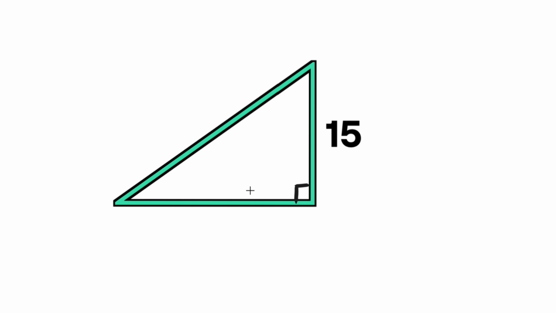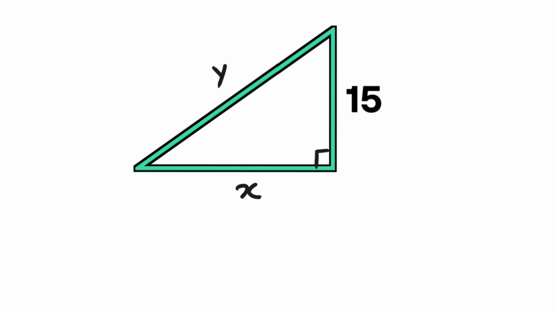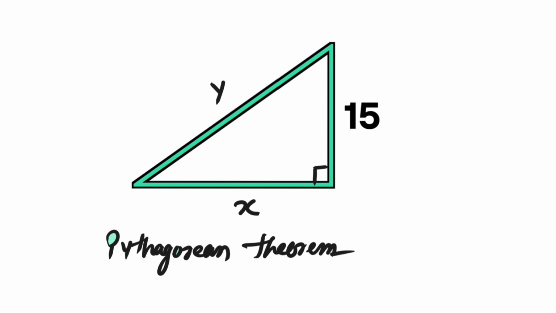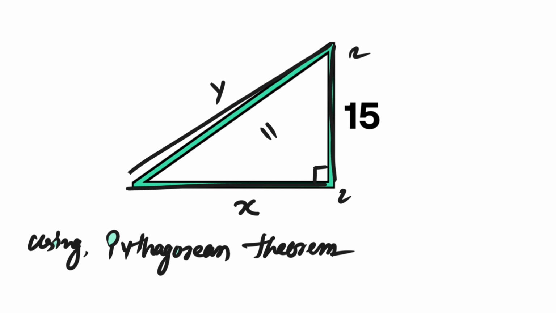Let's call the unknown leg x, and let's call the hypotenuse y. Since this is a right triangle, we can immediately use the Pythagorean theorem. Remember, the Pythagorean theorem says that for a right triangle, the square of one leg plus the square of the other leg equals the square of the hypotenuse.